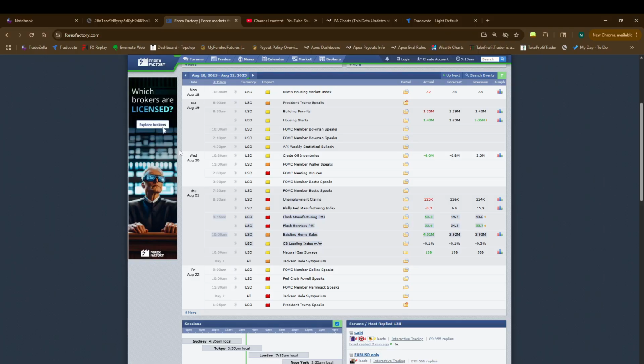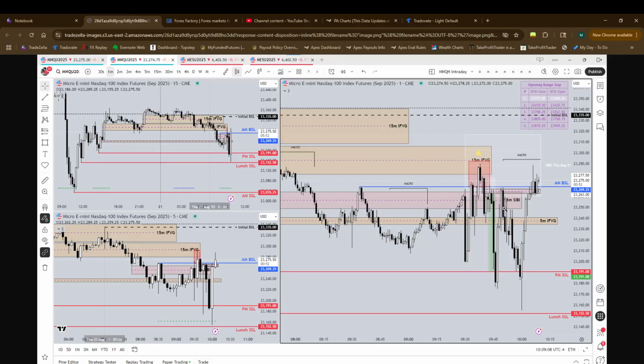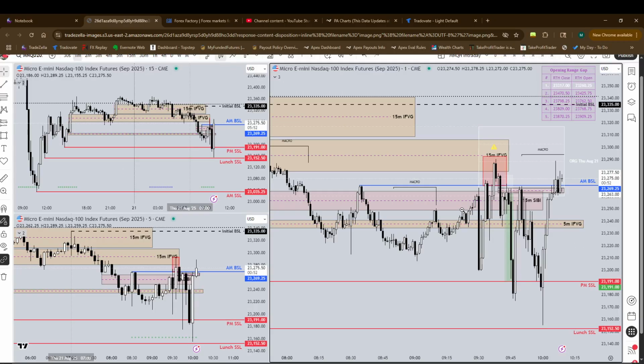So my plan, when I took this initial loss off this fair value gap, was just to be patient and wait for the displacement lower, which you can see occurs after price tries to retest the 15-minute inversion fair value gap and turn it into a buy. But with it not even trying to touch the CE level of this, that tells you the price is bearish after the AM buy side liquidity was raided.